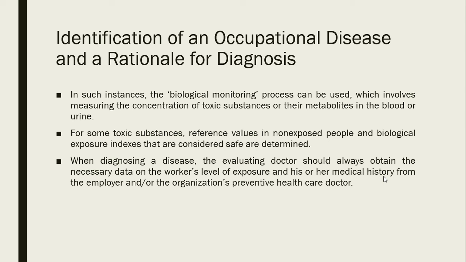For toxic substances, reference values in non-exposed people and biological exposure indexes that are considered safe are determined. When diagnosing a disease, the evaluating doctor should always obtain the necessary data on the worker's level of exposure and his or her medical history from the employer and/or the organization's preventive health care doctor.